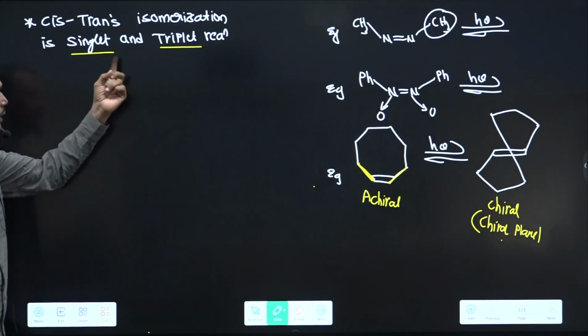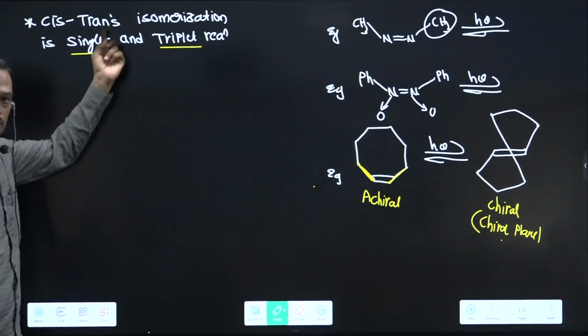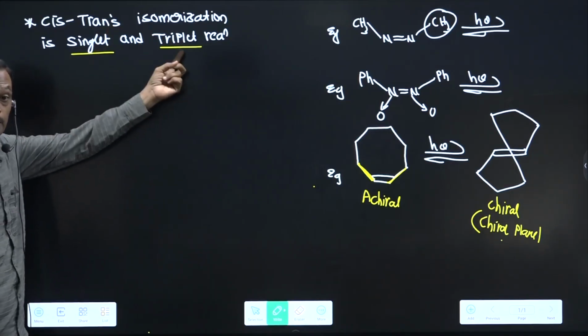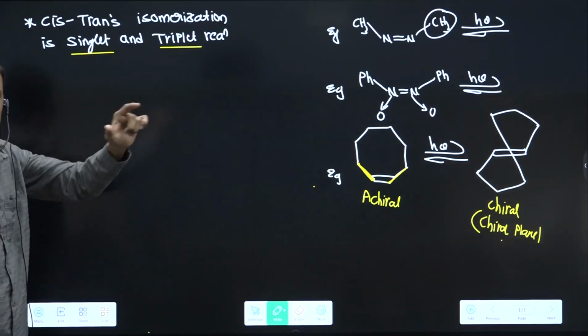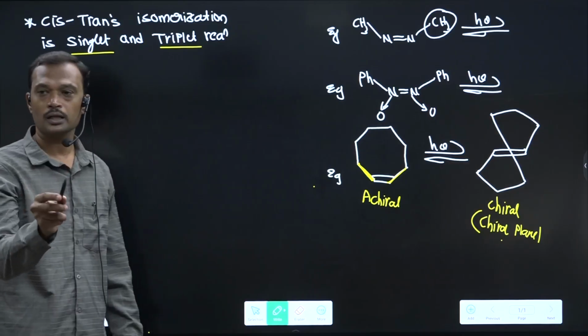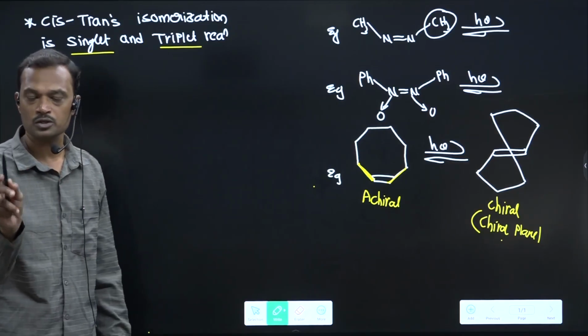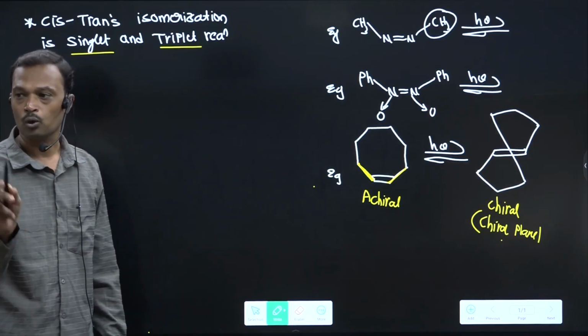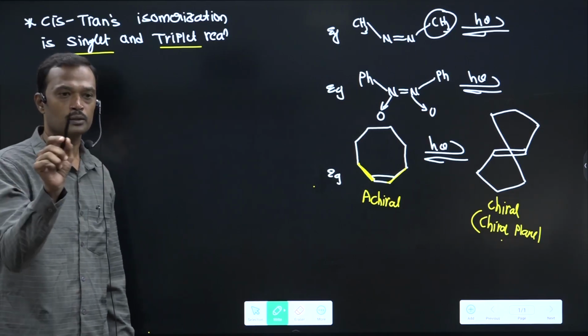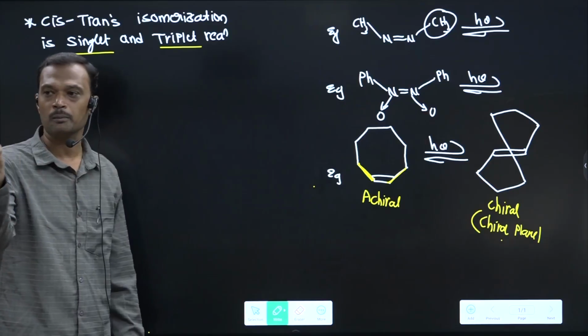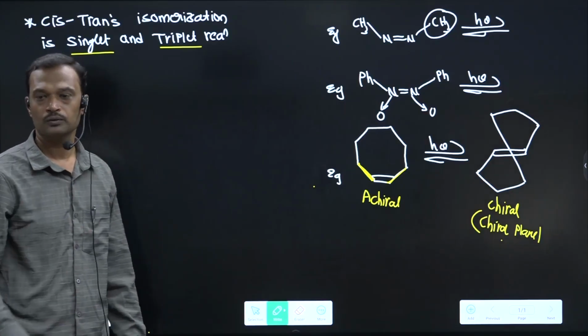Clear? Singlet interconversion of cis-trans is possible. Triplet interconversion of cis-trans is also possible. So in the exam they will ask whether cis-trans interconversion is possible only in the pi to pi star singlet state, or whether it is possible in the pi to pi star triplet state. Both they will give. Which is right?